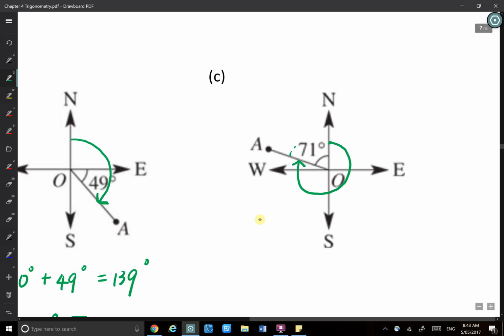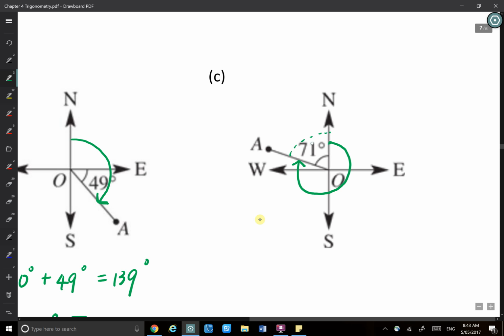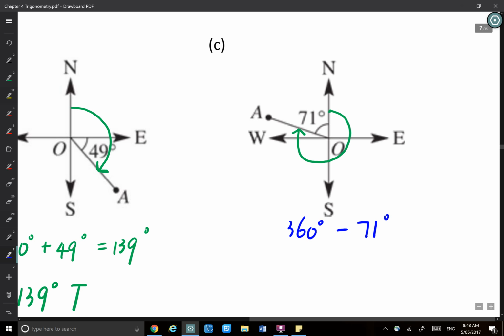Then that bit is 71 degrees, so we have 360 degrees minus 71 degrees, which gives us 289 degrees. So from O is 289 degrees true.